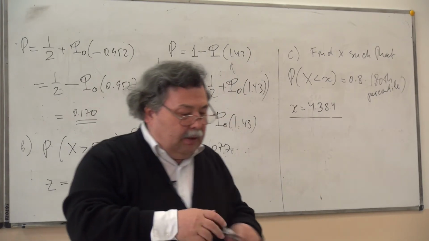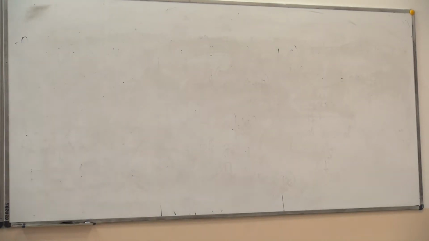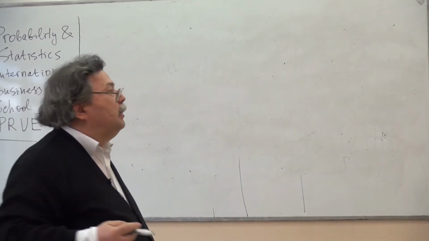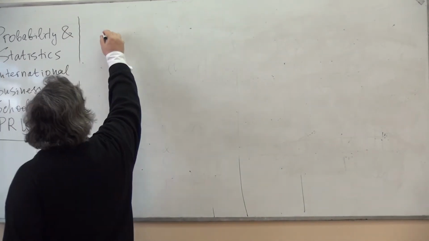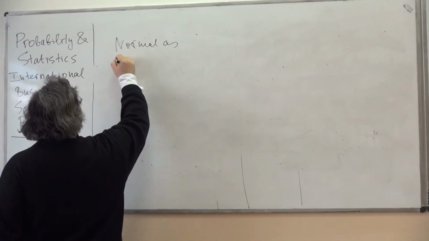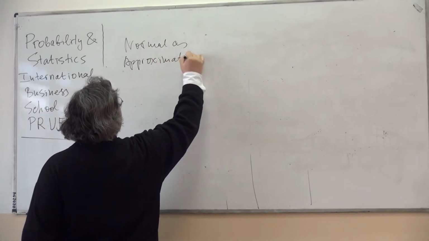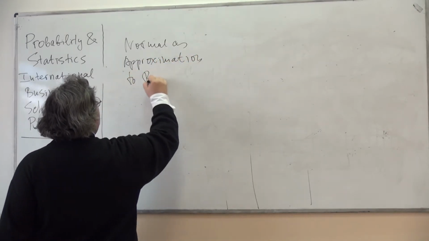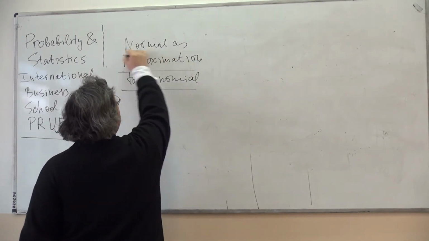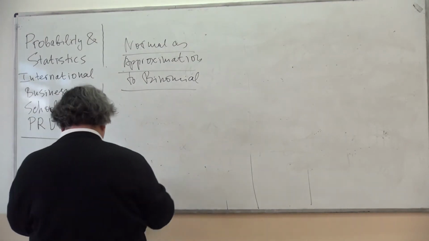All right, now let's return to the question of the normal distribution being the limiting case of binomial. Okay, so normal as approximation to binomial. Okay. Well, let's discuss an example.